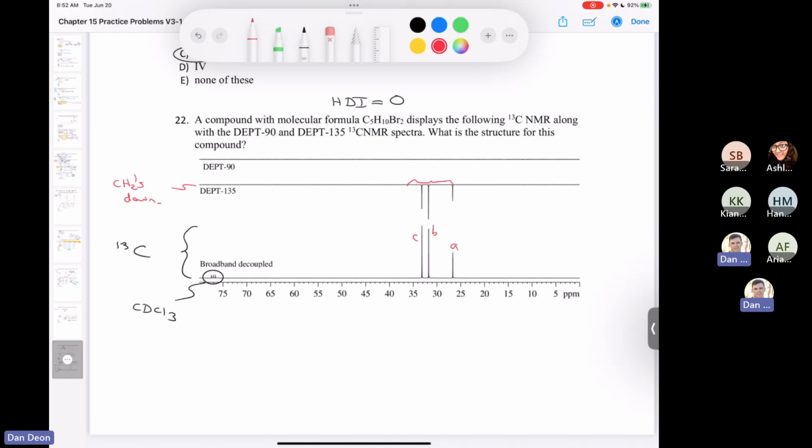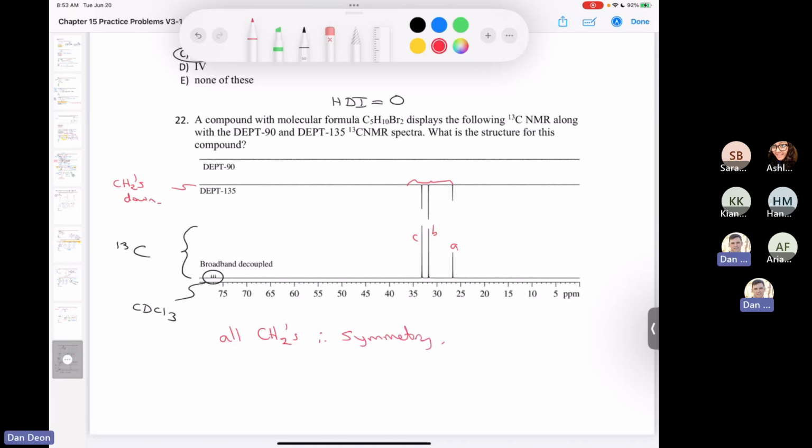And then in the DEPT 90, we see the methines and the methyls, and there's none of those in there. So there's also no quaternary carbons because there's nothing that disappeared when we went from here to here. Every signal is still there. So everything is a CH2. So all methylenes in this compound. And then we have an HDI of 0, but we've only got 3 signals. So that means there must be symmetry in the molecule.